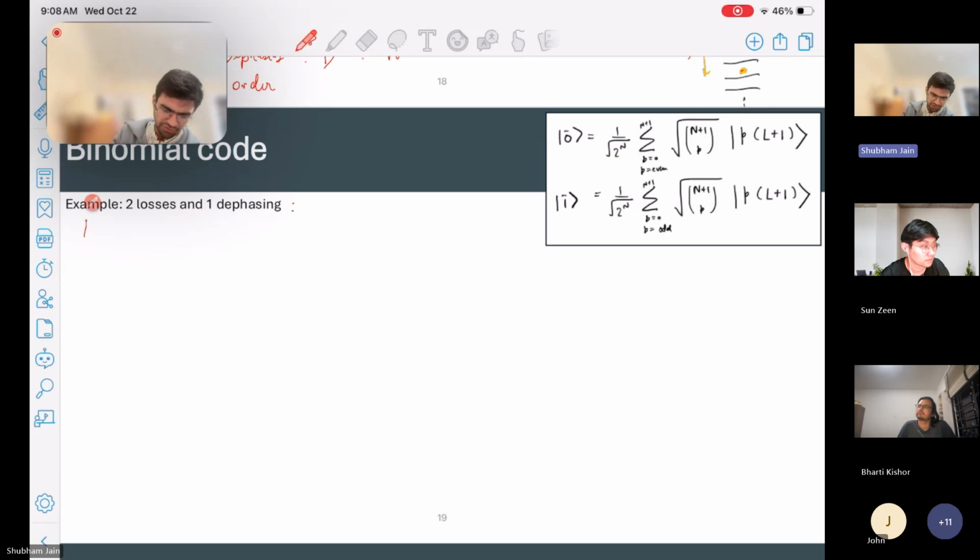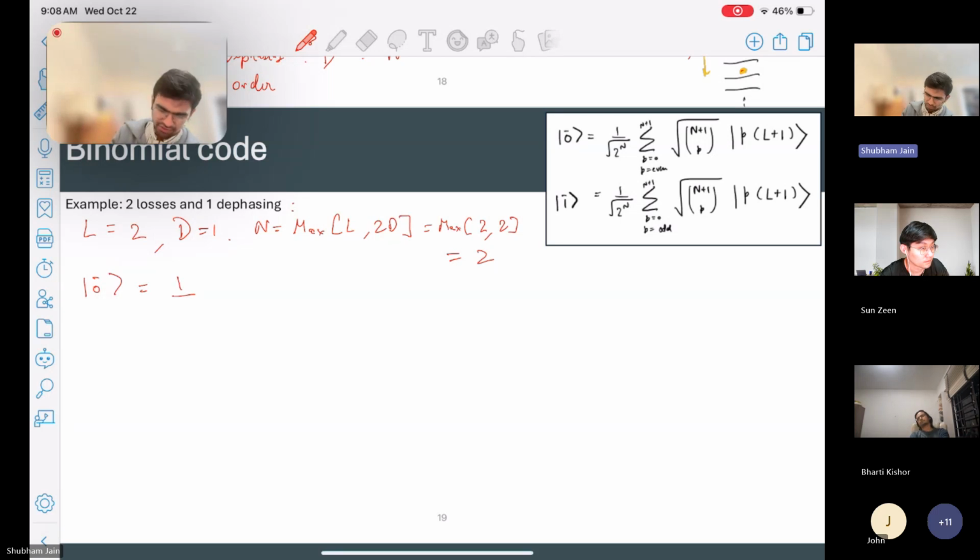So L is equal to 2 here, D equals 1, and n was the max of L and 2D. So this is the max of 2 comma 2, which is 2. So now I'm just going to plug in the numbers into the expression.